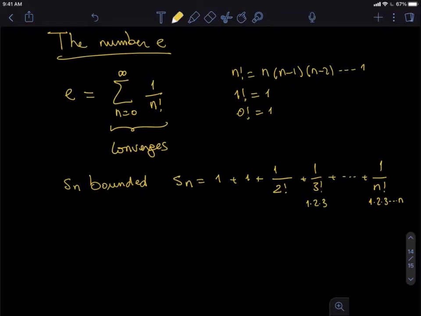Here, we can get something larger if we divide by something smaller. Okay, so what is the smallest we can do? With 1 plus 1 plus 1/2 plus 1 divided by 2 to the power 2 plus 1 divided by 2 to the power n minus 1.